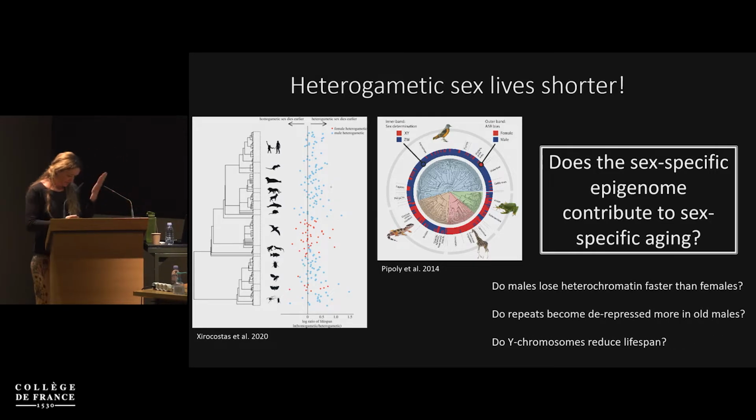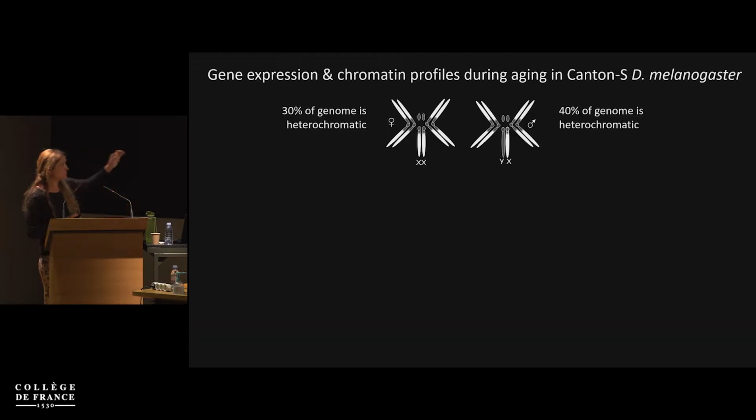And so in particular, we tried to answer 3 questions. First one is, does heterochromatin loss occur faster in males than females? Do repeats become more de-repressed in old males compared to old females? And does a Y chromosome contribute to a reduction in lifespan? And we used Drosophila for answering those questions.